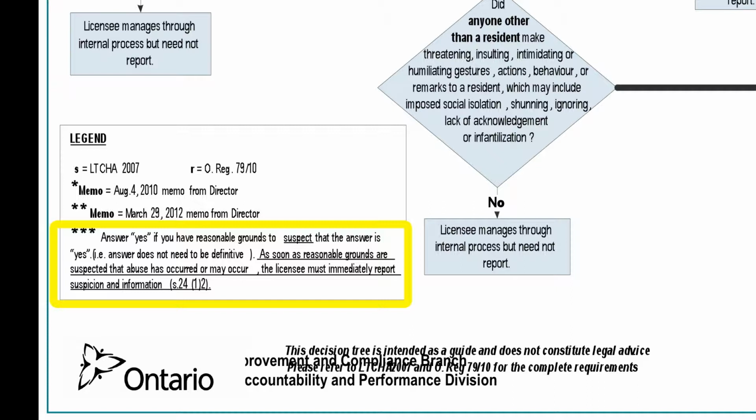So they don't have to know definitely, black or white, that the answer to this question is yes, or definitely that the answer is no. Now they may, which then will definitely lead them down a certain path, to a next question or to an action. But if it's not a black or white yes, and you'll see on most of the charts it's the yes answer that leads you down the more serious path, then you go with the yes.